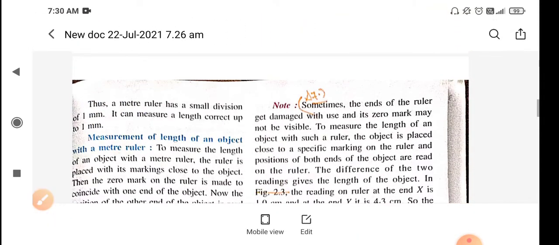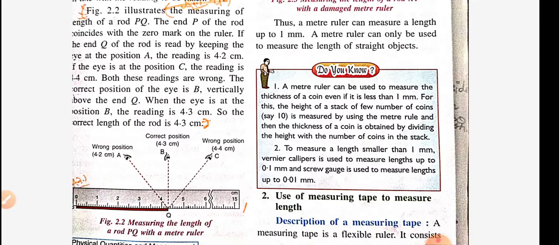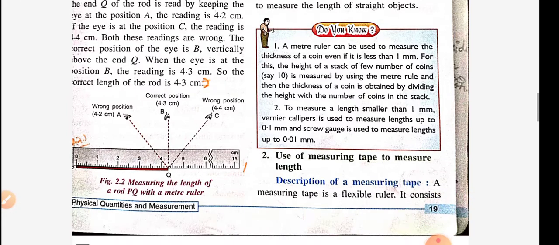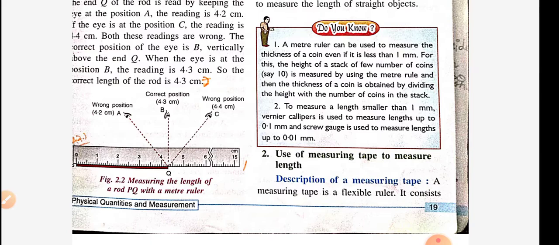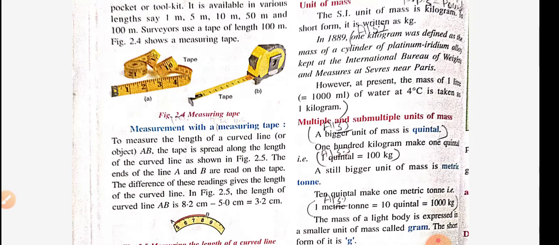Next is the use of measuring tape to measure length, same as the meter ruler. To measure the length of a curved line, the tape is spread along the length of the curved line as shown in the figure. The ends of the line, A and B, are read on the tape.